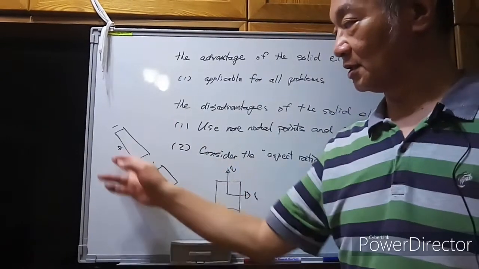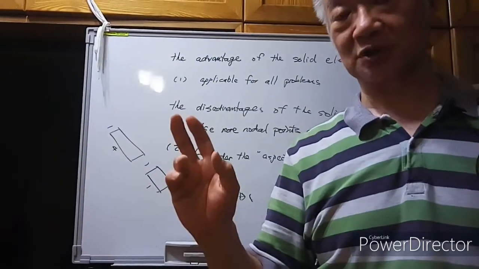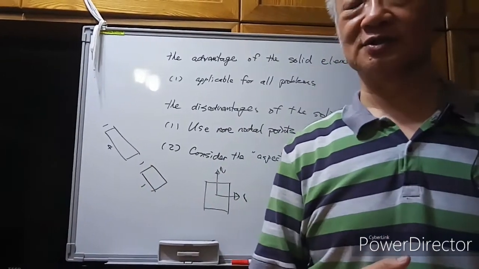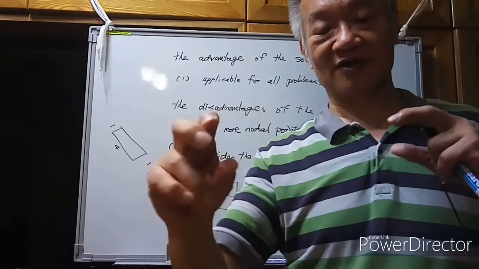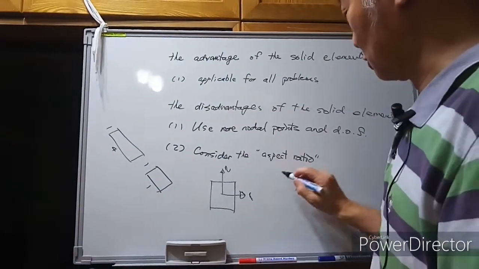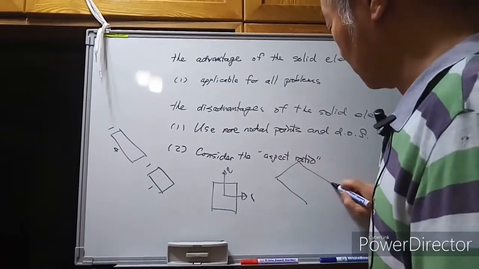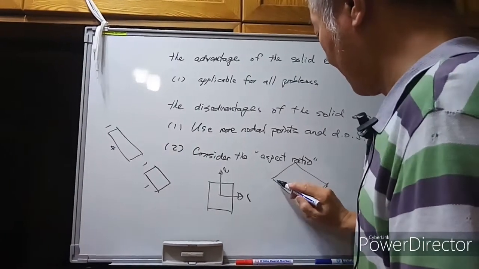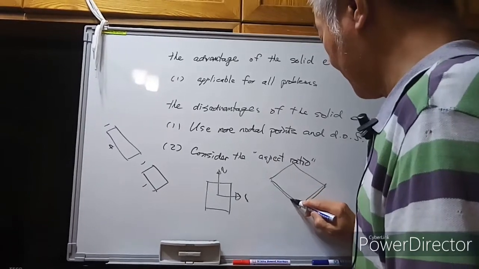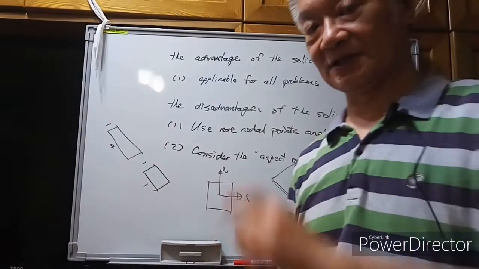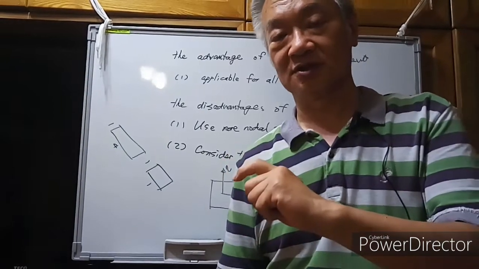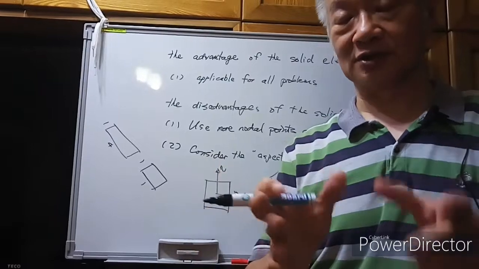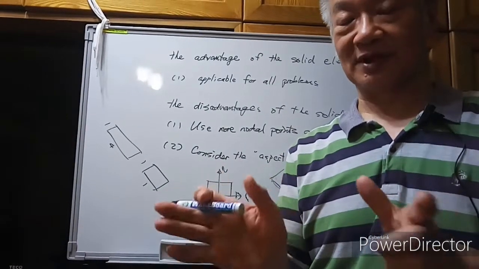So it is also a restriction for defining the mesh of the problems. If the real structure is a thin plate, the thickness of the structure is relatively small compared to the dimensions on the plane.